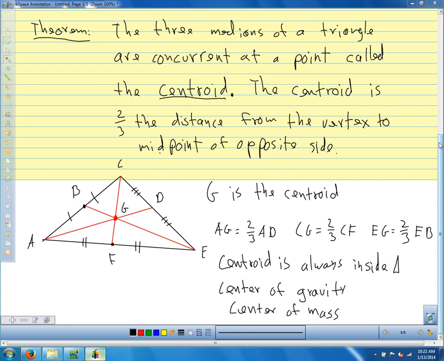So it can be kind of easy to confuse the medians with the perpendicular bisector. The perpendicular bisector of a side doesn't have to go to the opposite vertex, and it's always perpendicular. The median goes from the middle of a side to the vertex of the opposite side. All right, questions about what the centroid is?